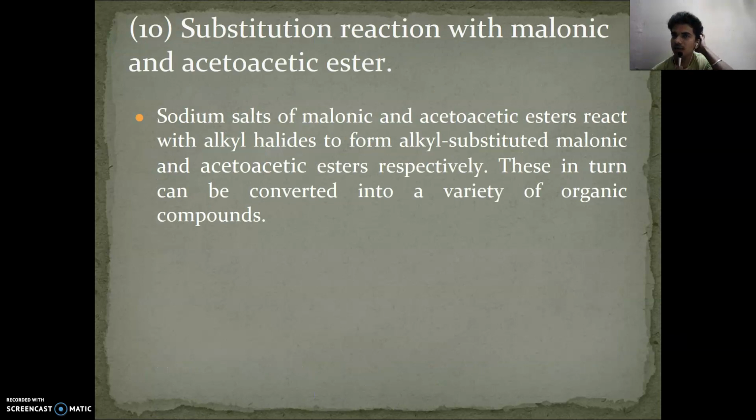Then substitution reaction with malonic and acetoacetic esters. So in this case, the sodium salt of malonic or acetoacetic esters reacts with alkyl halide to form alkyl substituted malonic or acetoacetic esters respectively, and this in turn can be converted into a variety of organic compounds.